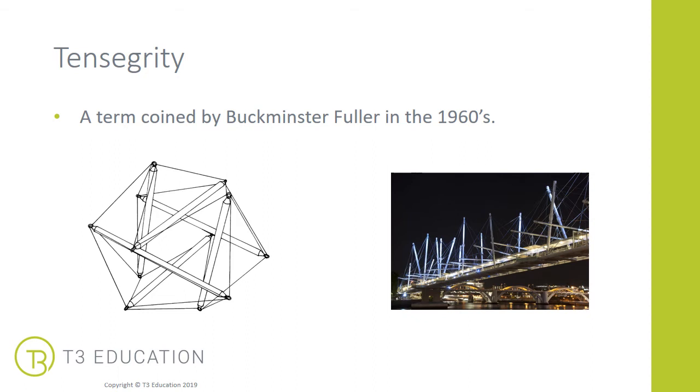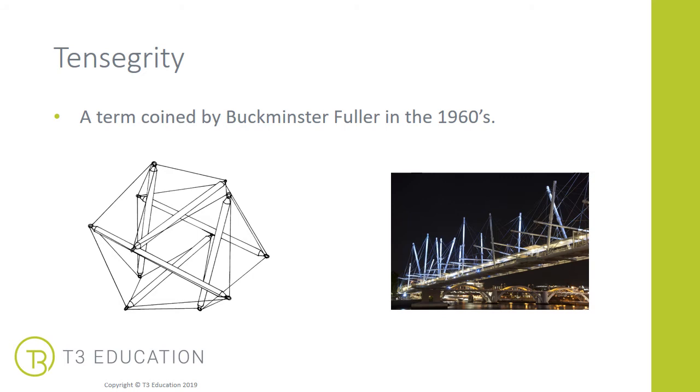Tensegrity was a term coined by the architect Buckminster Fuller in the 1960s, and what he found and explored with one of his students was the relationship between sturdy, stable structures such as beams and more tensile structures such as cables when it came to looking at floating structures such as bridges. And what they found was that the structure's integrity was maintained primarily due to the balance of those tensile forces. So the cables maintained tension, keeping the structure in the place that it needed to be.